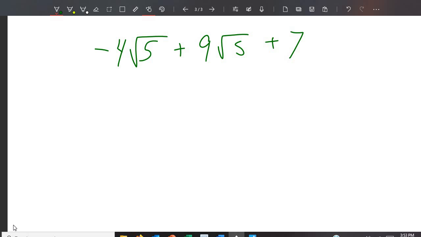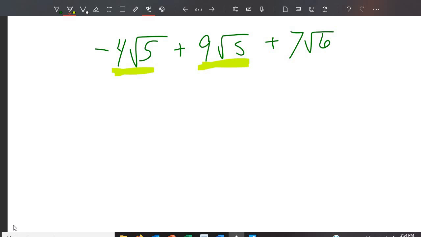Let's say I had negative 4 times square root of 5, plus 9 times square root of 5, plus 7 times square root of 6. This and this are like radicals.